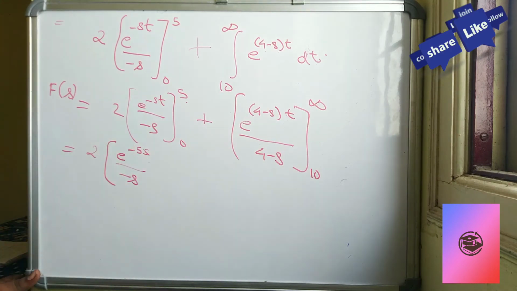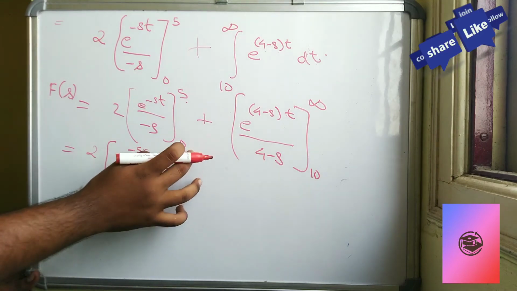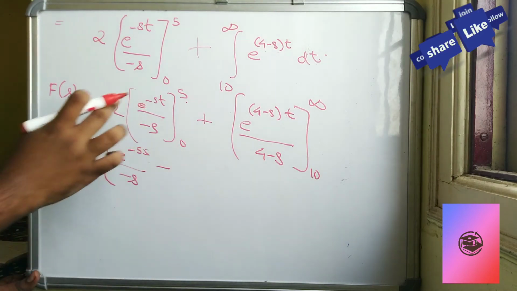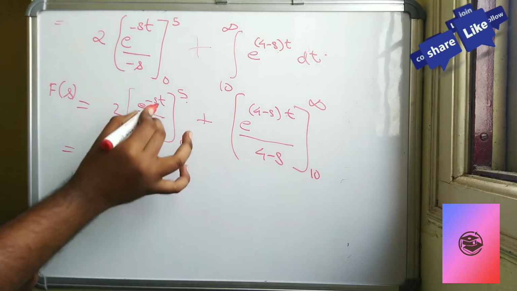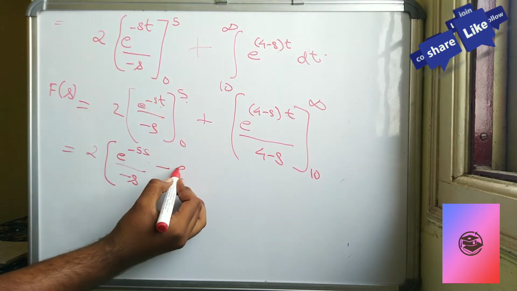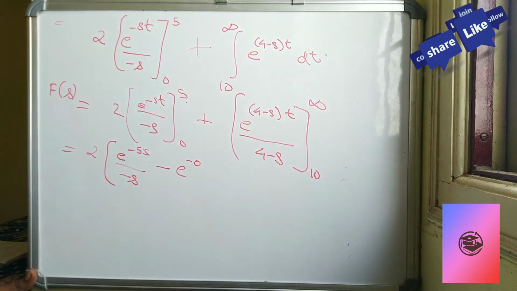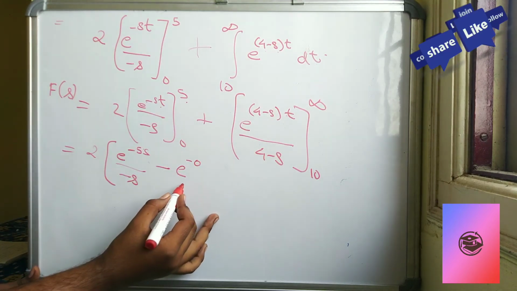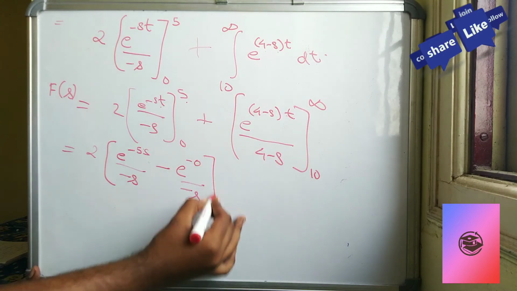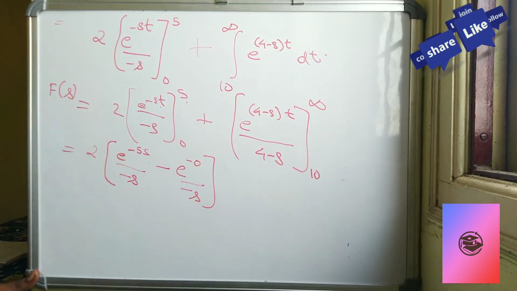Now minus the lower limit: 0. In place of t put 0, so this becomes e power minus s times 0, by minus s. Upper limit minus lower limit, that's it.